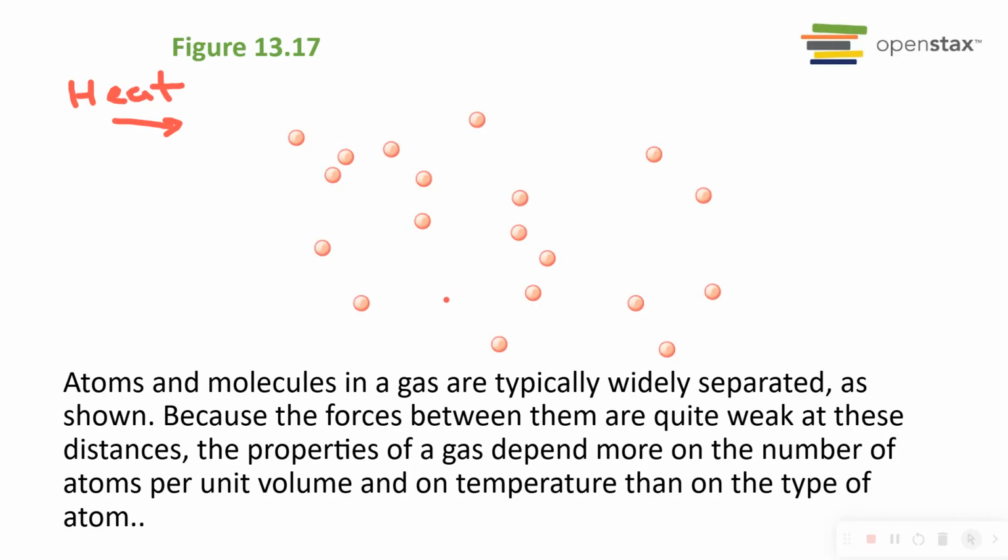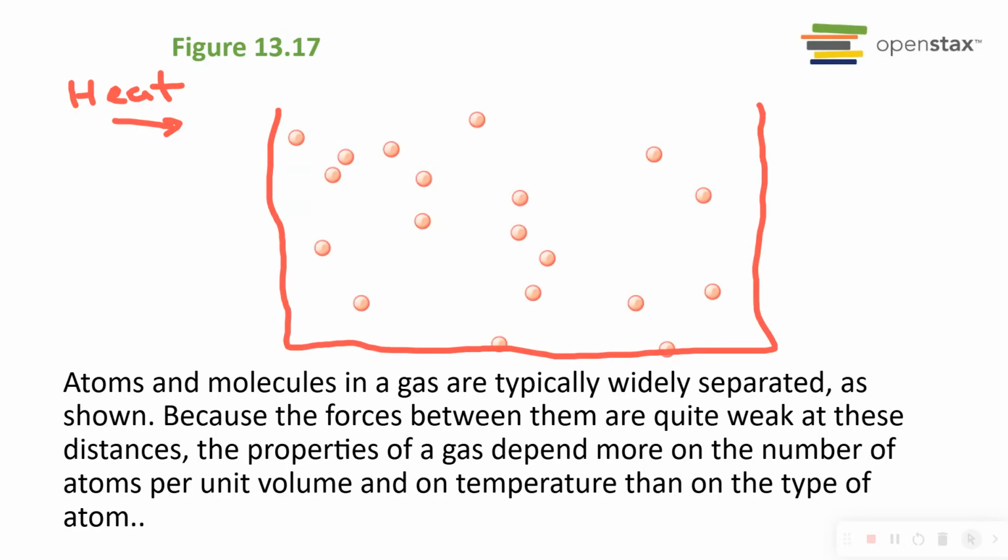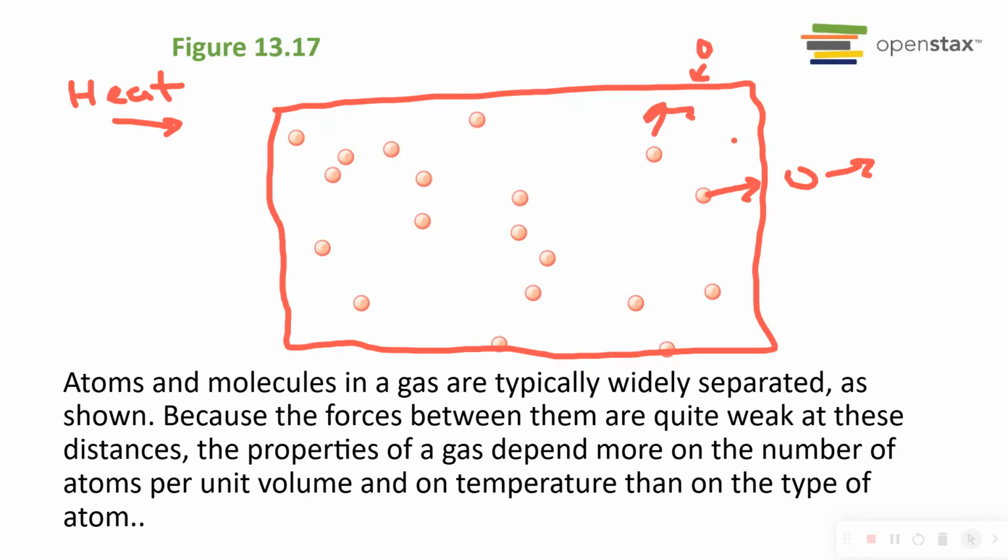and we think of volume, right? Volume is stuff that's contained in a set volume. So we'll think of this as a container. If I heat that up a lot, this molecule might bounce outside of that container, or I'm not able to fit more molecules in because these are bouncing around so much.